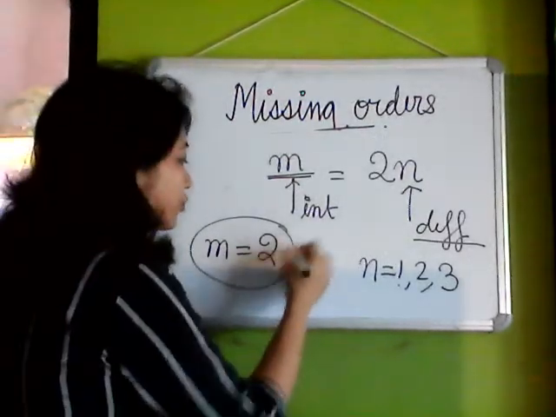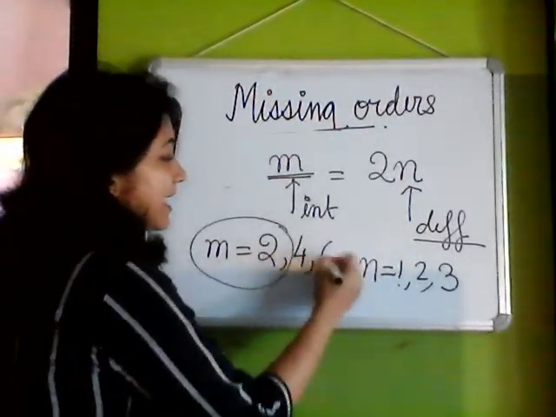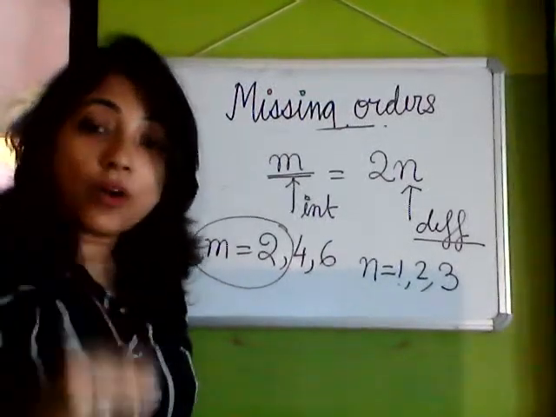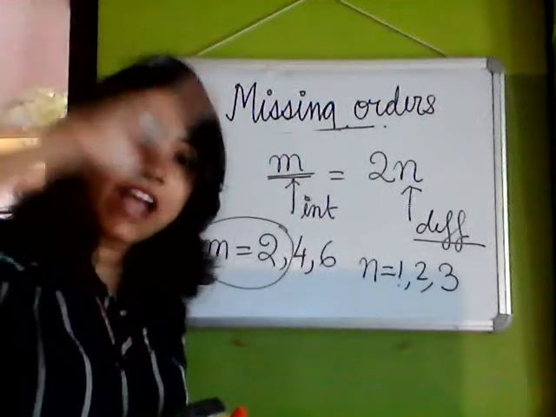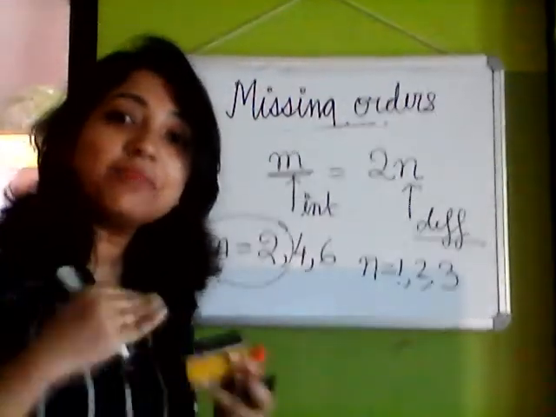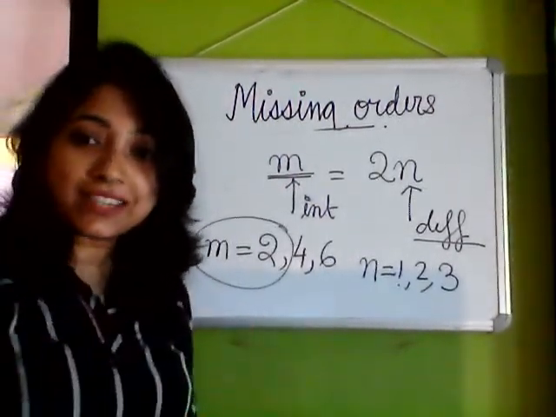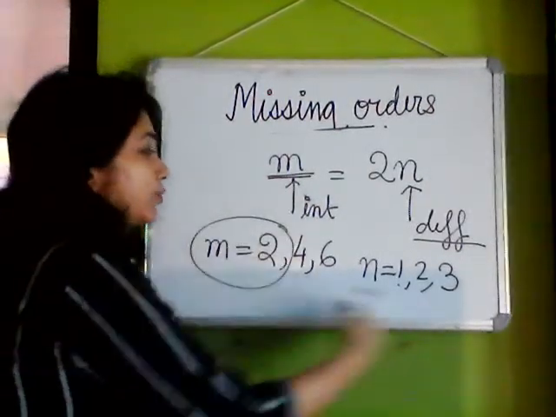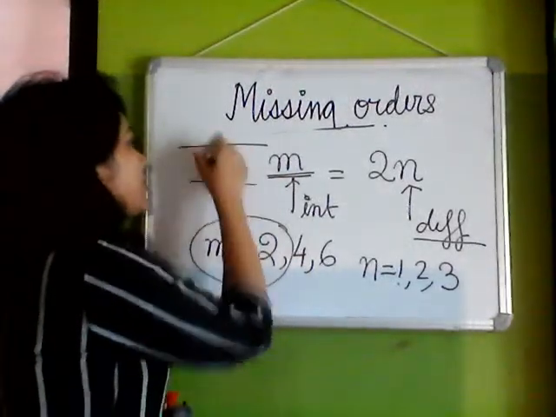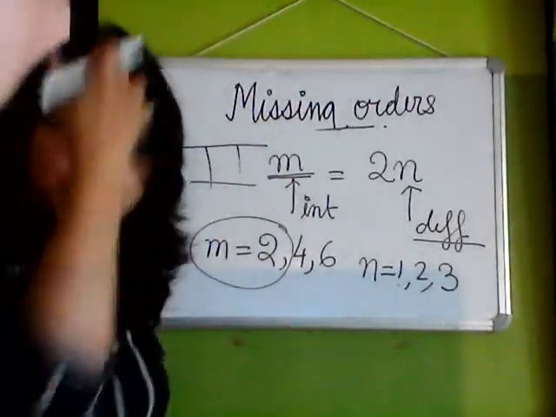Or m is equal to 2, 4, 6, all these particular orders of the interference maxima will be overshadowed by the diffraction minimas on those points on the screen, and hence we are not going to see those particular expected maximas on the screen.